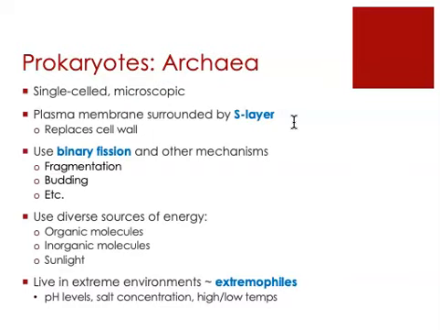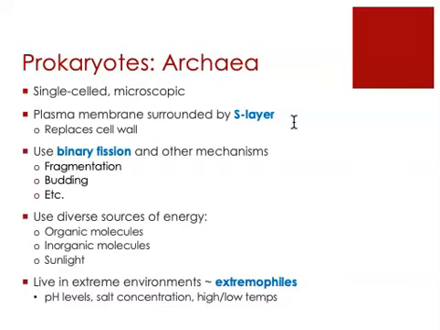Bacteria use binary fission for reproduction, and so do the archaea. But there are some archaea that use other mechanisms of reproduction. For example, there are archaea that can use budding to reproduce. And all that term refers to is the production of daughter cells right off of the surface of the parent cell.